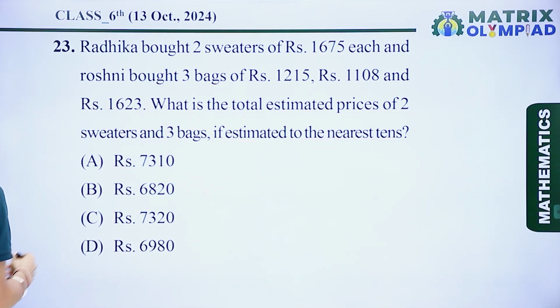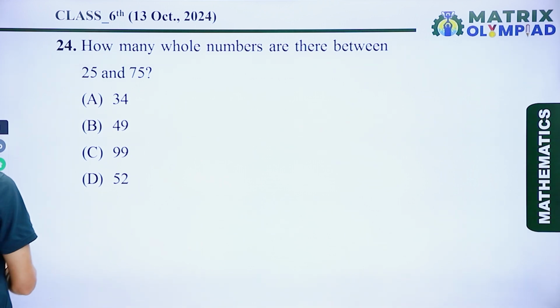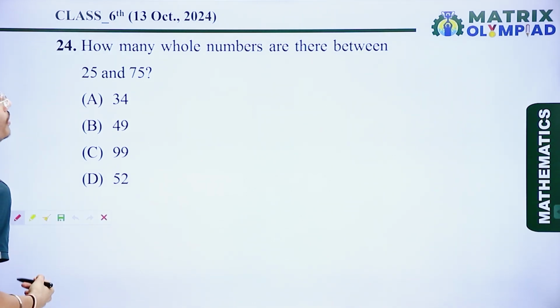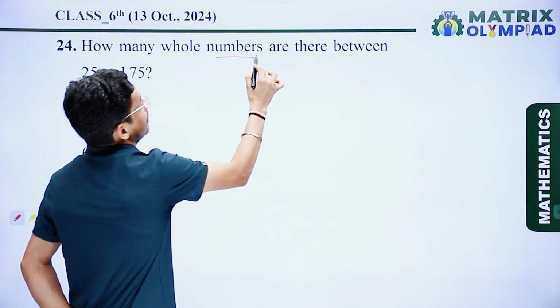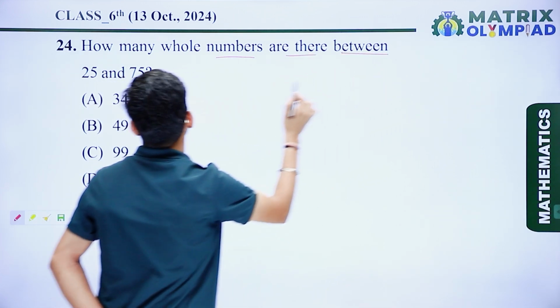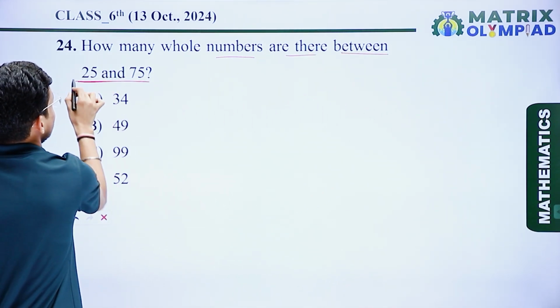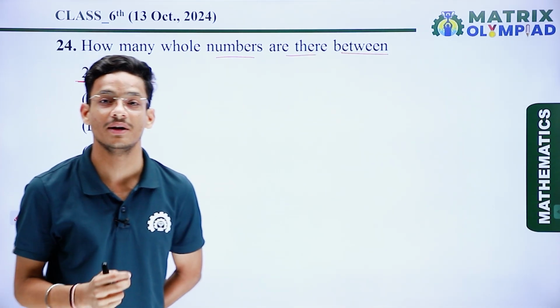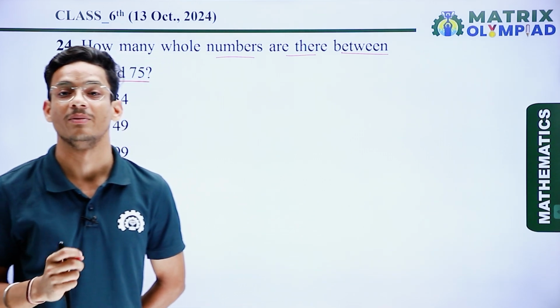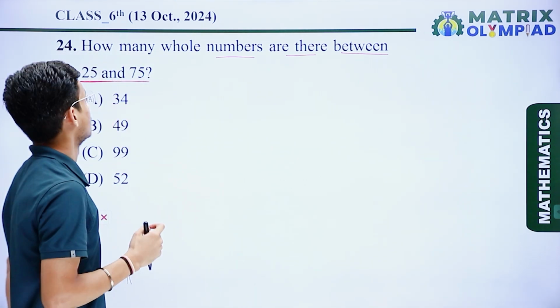Now if I talk about the next question, that is how many whole numbers are there between 25 and 75. So here we have to find how many whole numbers are there between 25 to 75.